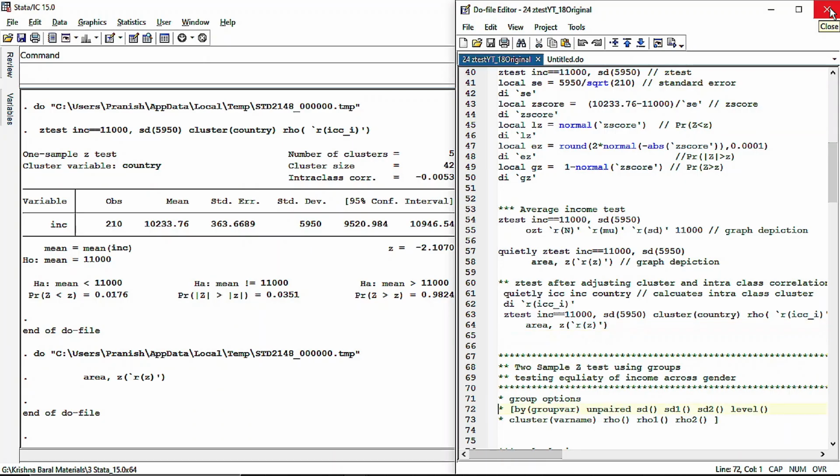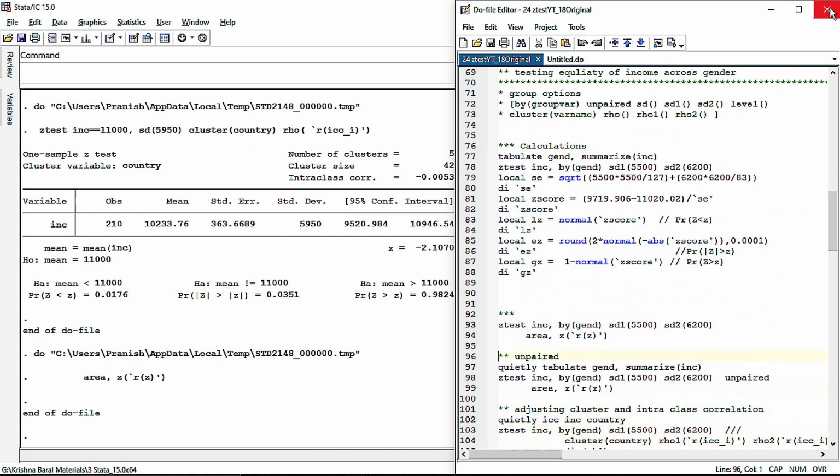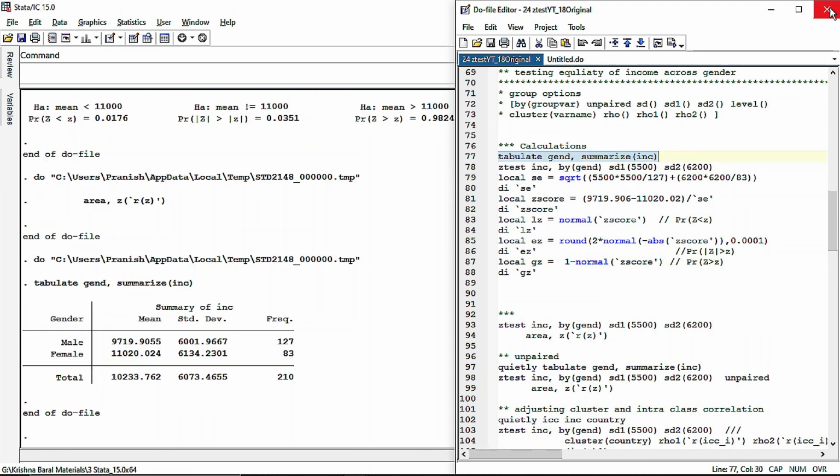Now let us perform the two sample Z test, and let us again tabulate the income across gender. So the average male income and average female income, standard deviation, and we want to test the hypothesis whether the average male income and average female income are the same or different.